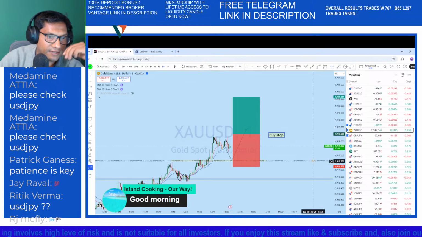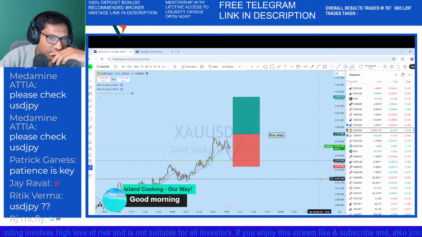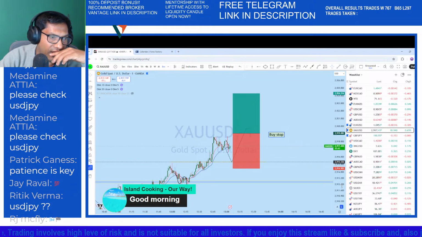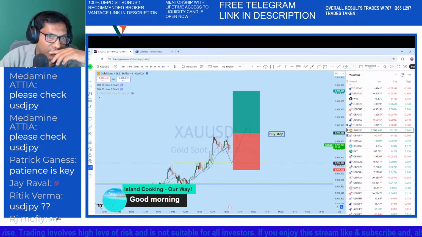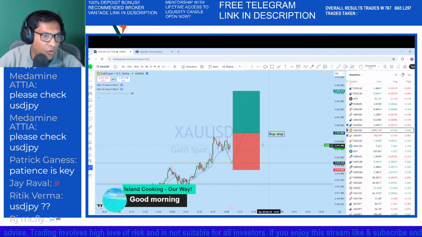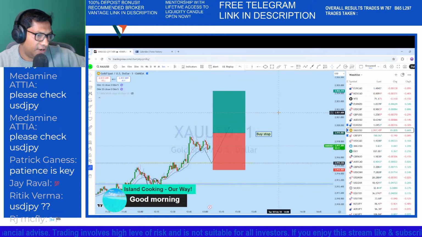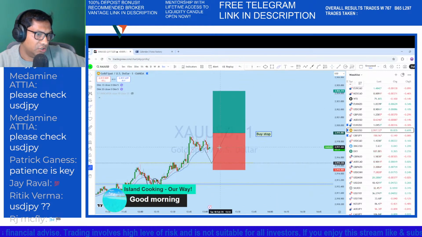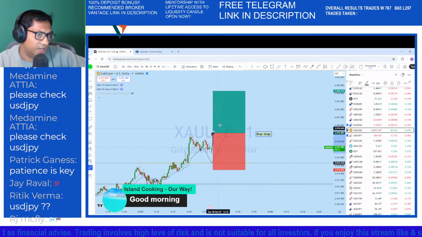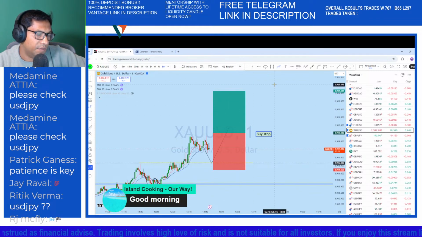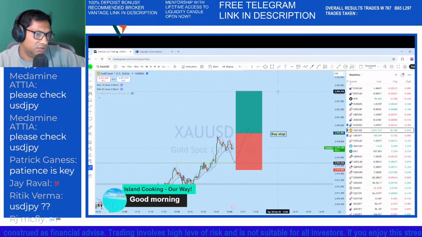So buy stop at 2919.08, stop loss at 2914.50, TP target at 2924.314. So that's what we're looking at for the buy stop. Let's see if the market manages to bounce back up, that we will be in the trade, and want to see it moving up again to the resistance line.